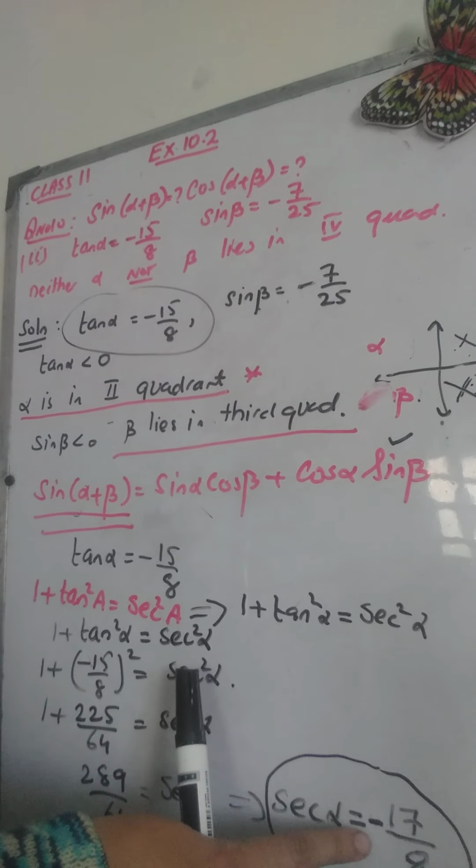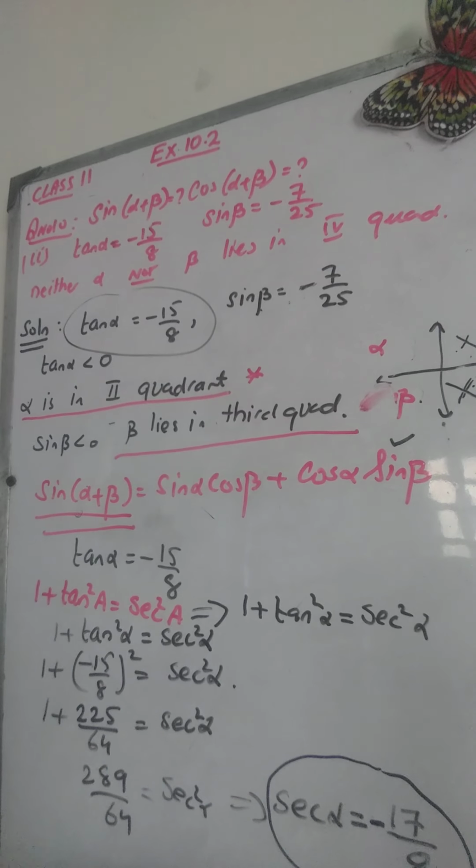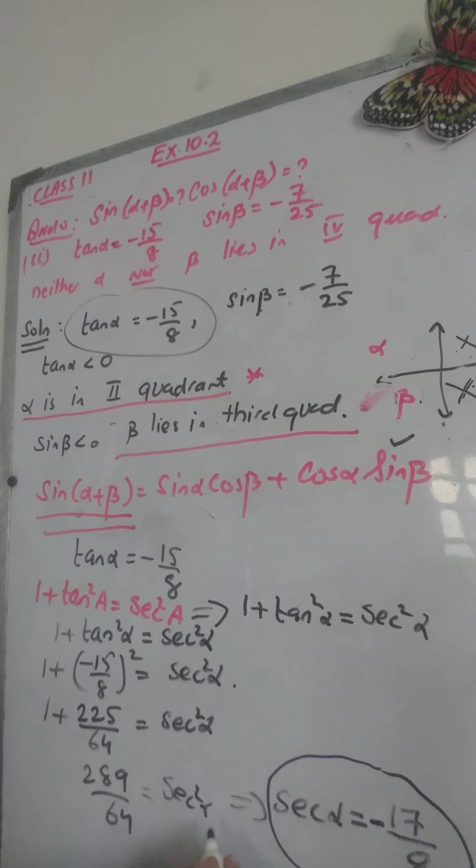So secant alpha will also be negative because it is the reciprocal of cos alpha. It means that secant alpha is equal to negative 17 by 8. So cos alpha, which is the reciprocal of secant alpha, is equal to negative 8 by 17.